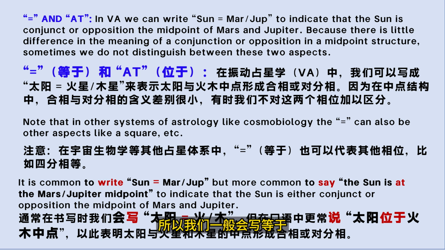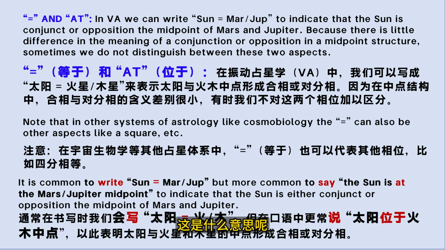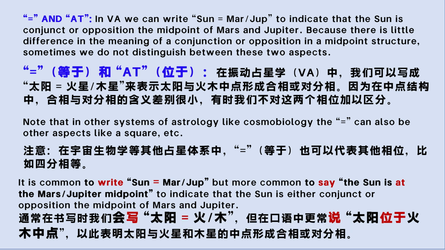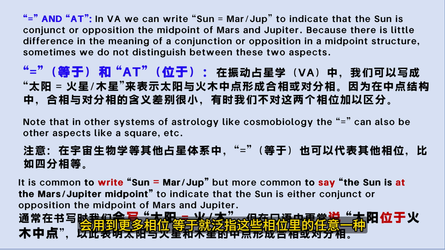So typically you will write equals. In VA we can write Sun equals Mars / Jupiter. What does that mean? It indicates that the Sun is conjunct or opposition the midpoint of Mars and Jupiter. So in vibrational astrology, equals means conjunct or opposition. As you've already figured out, in other systems of astrology, like cosmobiology, where they use other aspects, equals means any of those aspects.